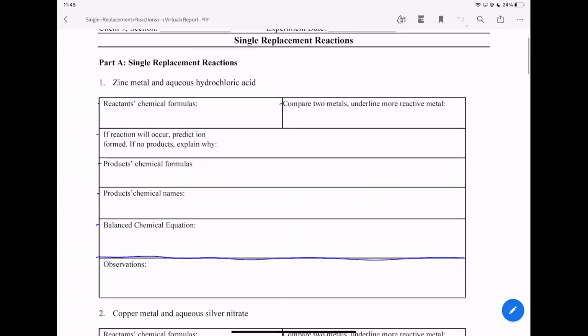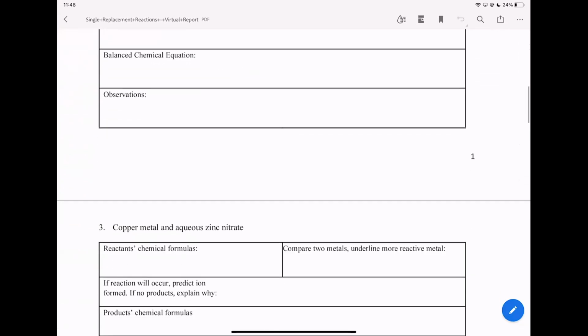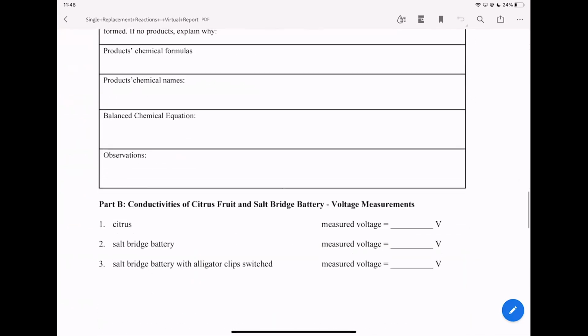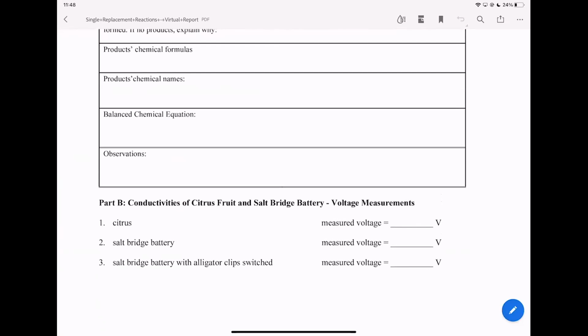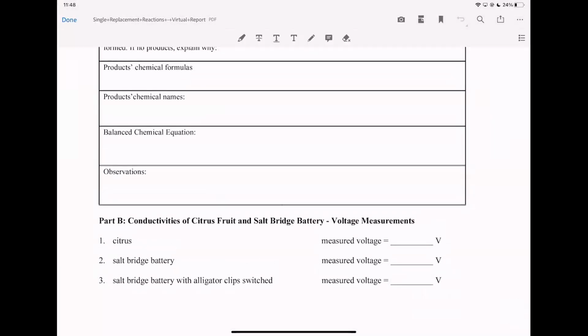So in your lab report, you've gone through part A, that's good, and then you have part B. Part B is that salt bridge battery, and you need to take those voltage measurements. The voltage measurements are going to be from videos that are on the lab submission page. So let me find that and show you.